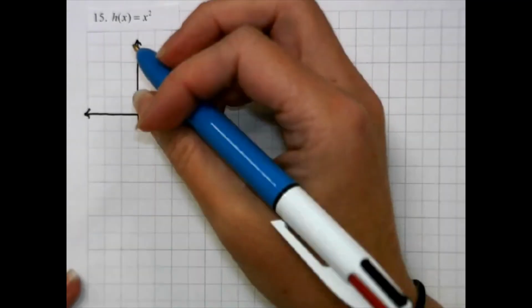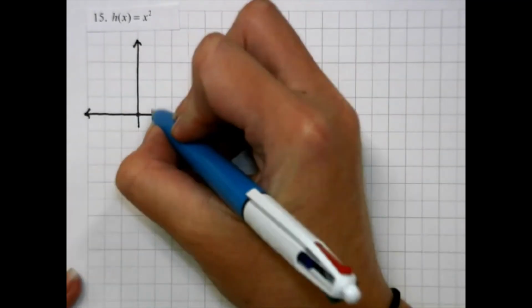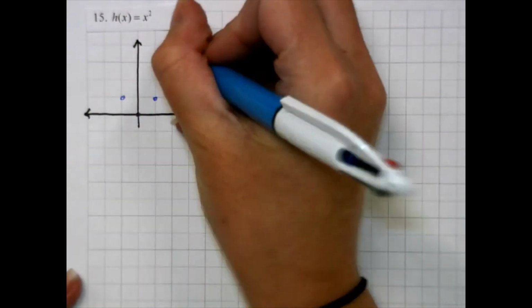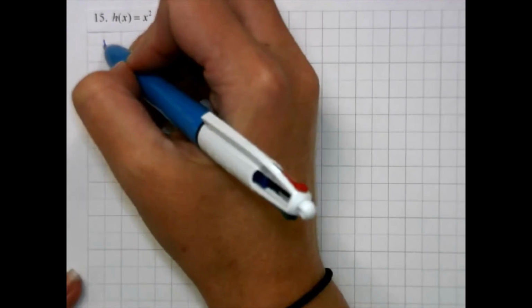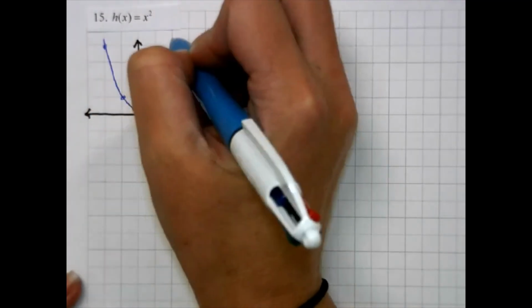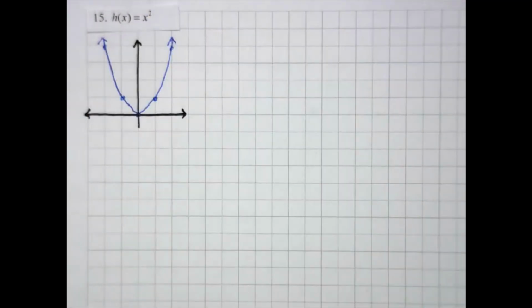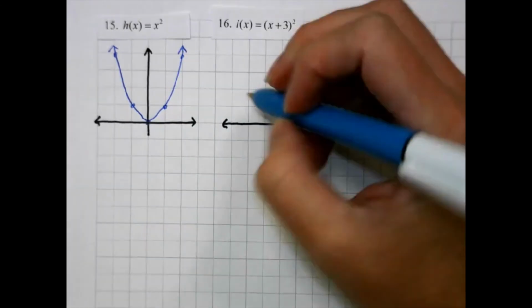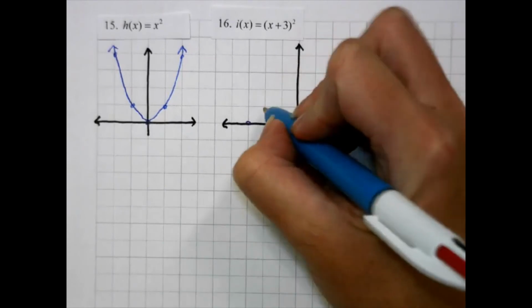X squared is our next parent. So 0, 0, 1, 1, and then over 2, up 4. So those 5 points are what I'm going to be looking for. This +3 on the inside is going to move our parabola to the left 3 units.